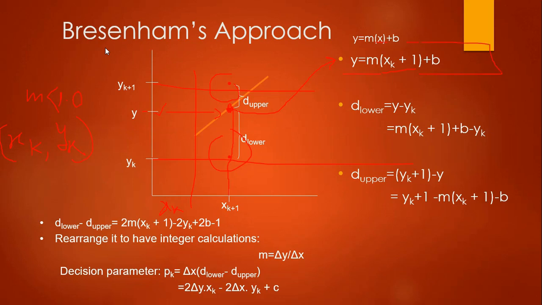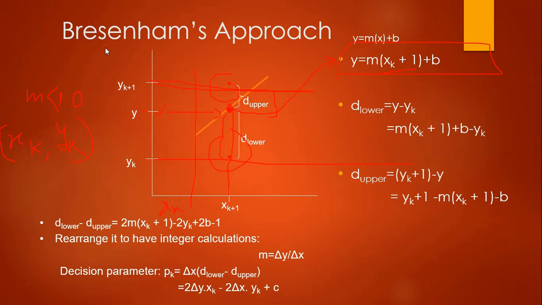This is the initial line equation, and here you have got a difference in the upper portion, and here you have a gap.